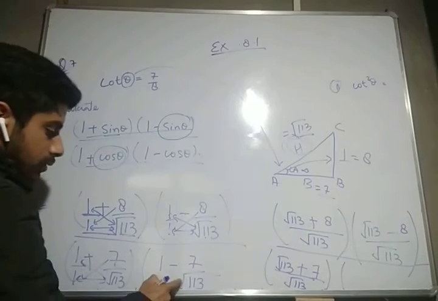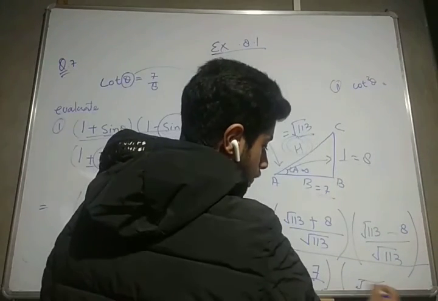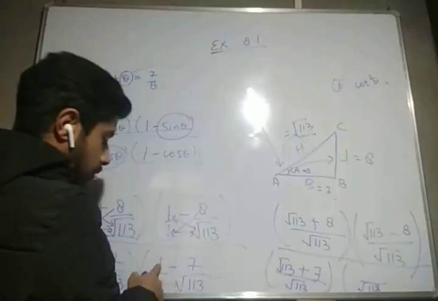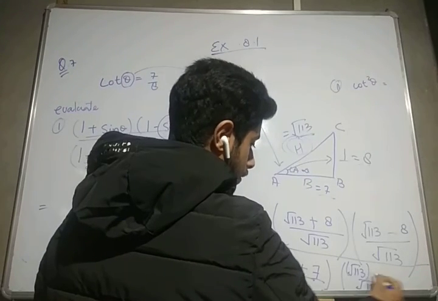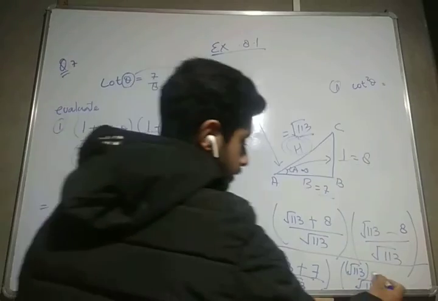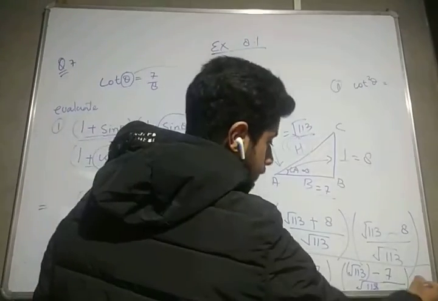Same goes here, root 113 with this one, it's root of 113. Now 7 into this one, in between it's minus. 7 into 1 is 7.